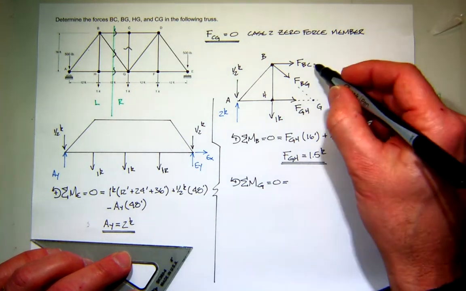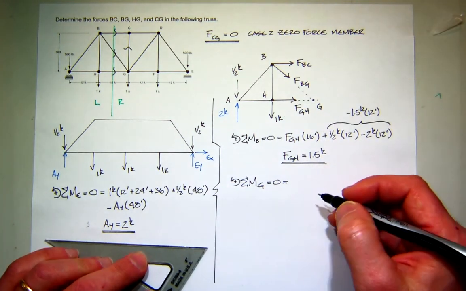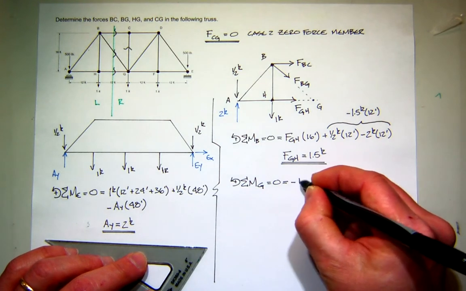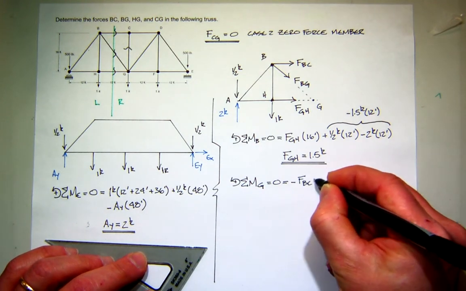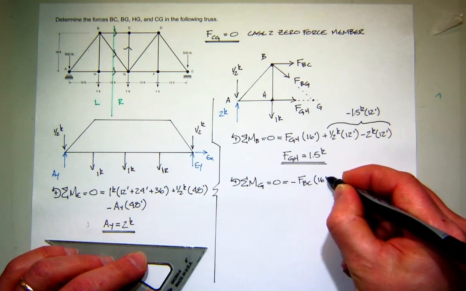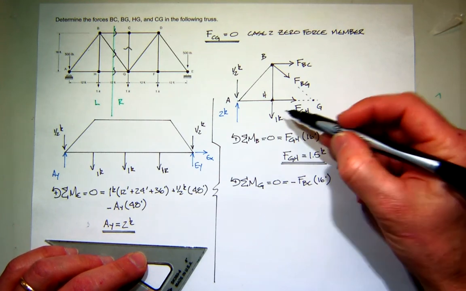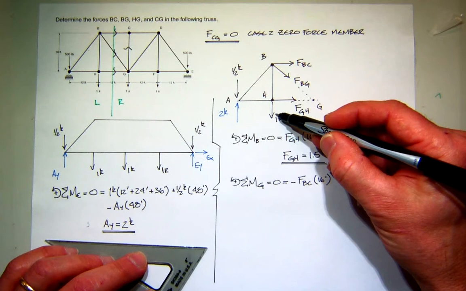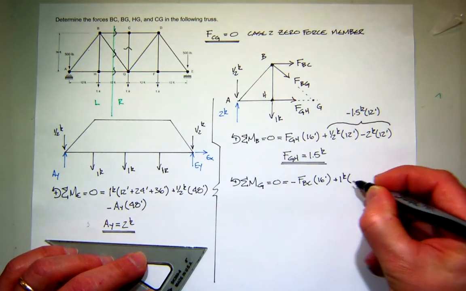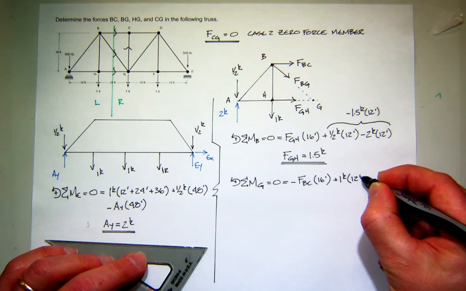Starting with the force BC, does it create positive or negative moment about G? Negative. So I've got force BC, and what's its moment arm? The height of the truss? 16. Let's start with this force first. Does this one create positive or negative moment about G? Positive. So that's 1 kip. What's its moment arm? 12.